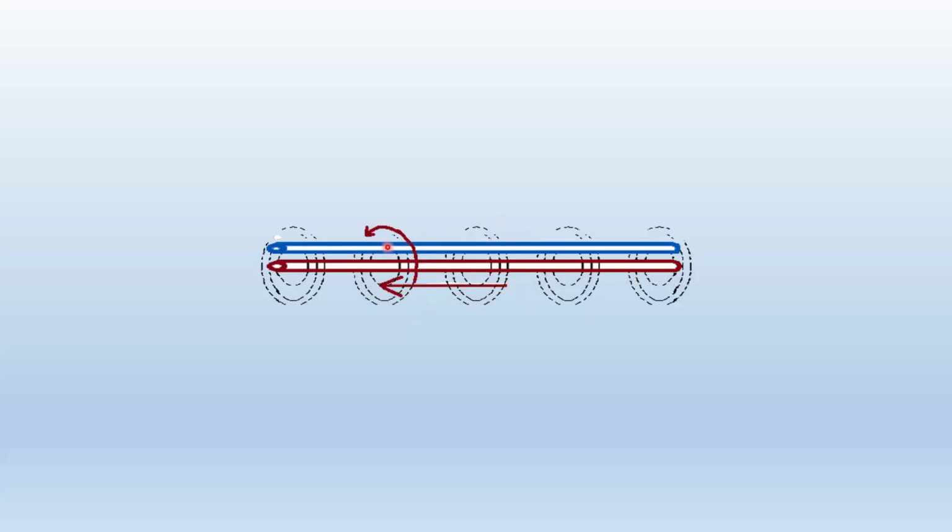If that conductor finds itself within the magnetic field, then we can induce a current flow, because the current flow causes the magnetic field to spin, and the spinning magnetic field is going to cause the current in the other passive conductor, providing that there is a change.